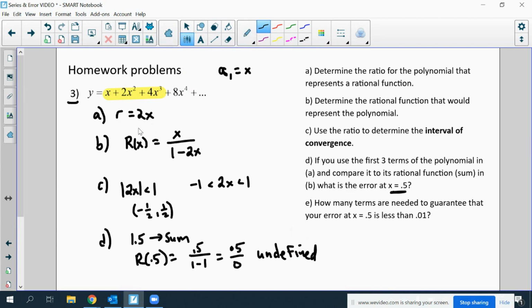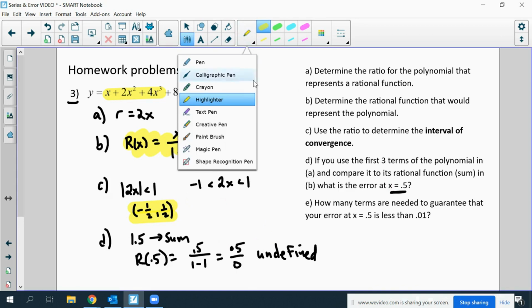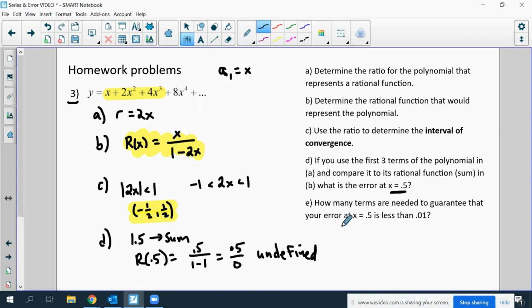So this function will never approximate this at 1/2. And I should have known that because my interval of convergence does not include 1/2. There's a parenthesis here, so that's not going to work. So how many terms are needed to guarantee that the error is less than 0.1? It'll never work.